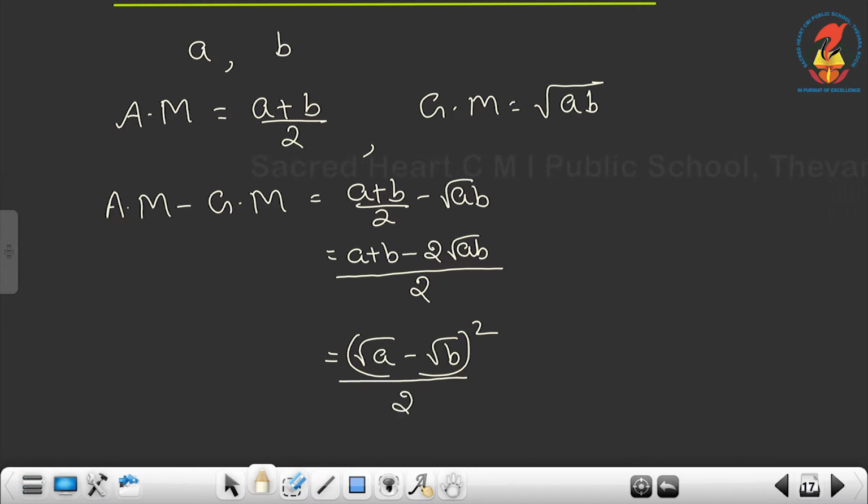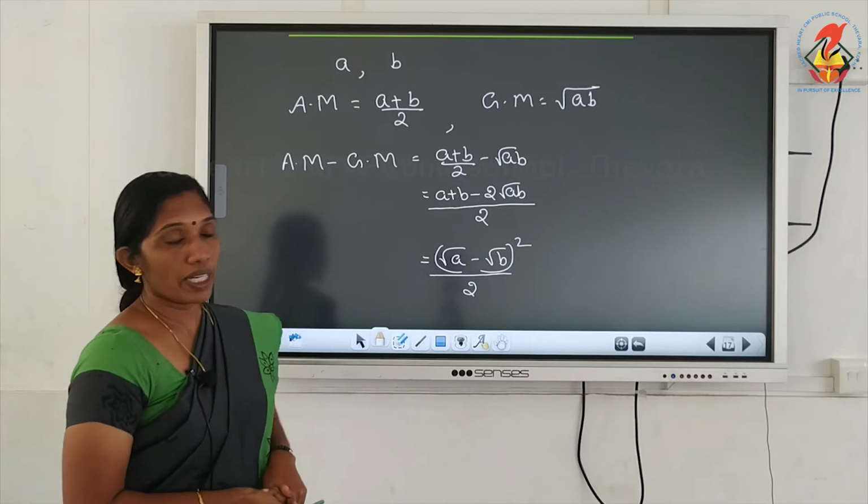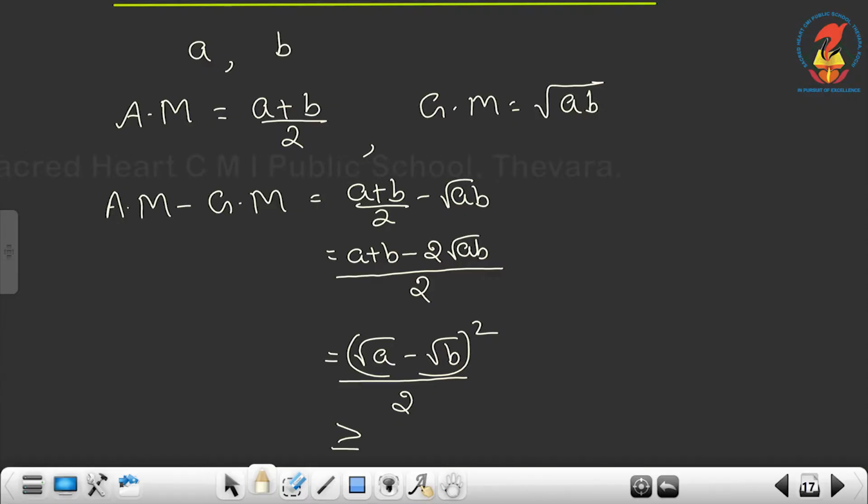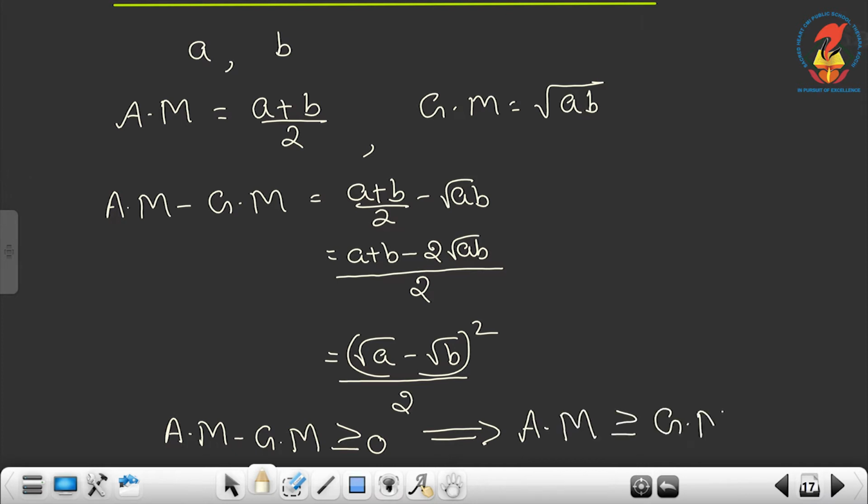The numerator is a square, so it is always greater than or equal to 0, and 2 is also a positive number. So AM minus GM is greater than or equal to 0, or we can write, AM is always greater than or equal to GM.